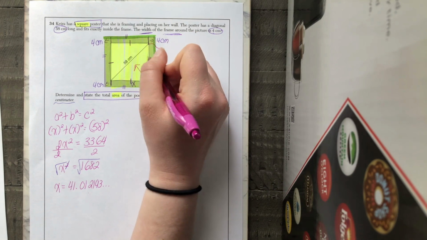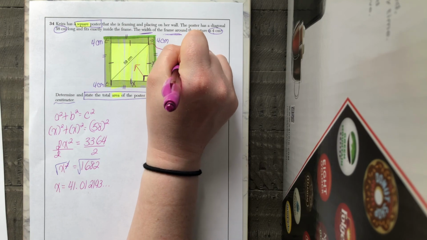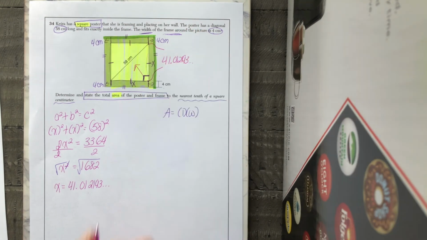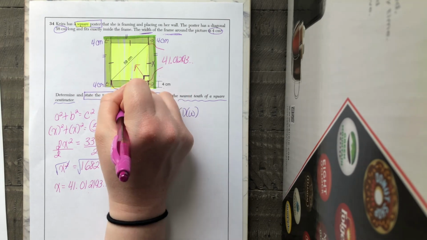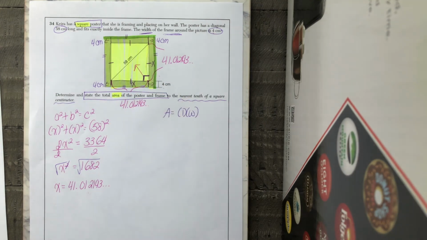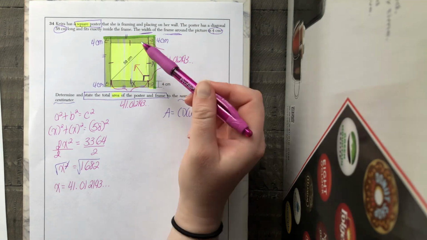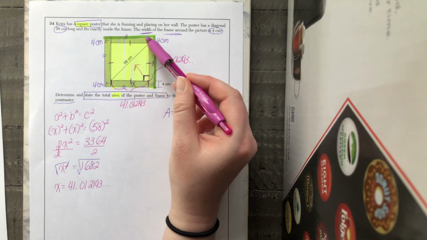So I know this length is 41.012193... And I know that this length at the bottom is also 41.012193... Okay, but again, that's only for the poster, and I want the frame.